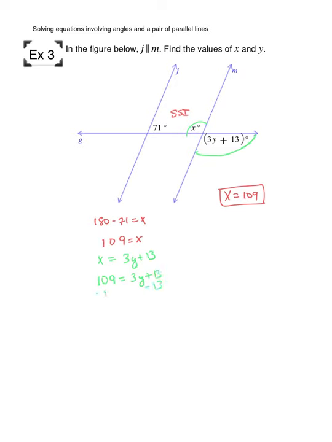Subtract 13 from both sides. 96 equals 3y. Divide both sides by 3. 32 equals y. So on this example, you applied everything you know about angles.